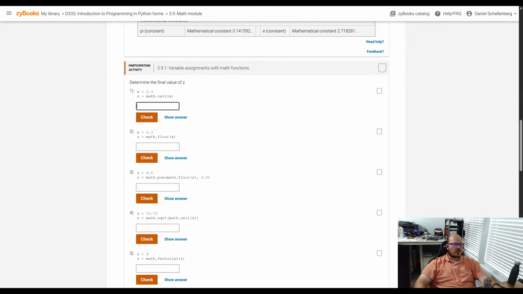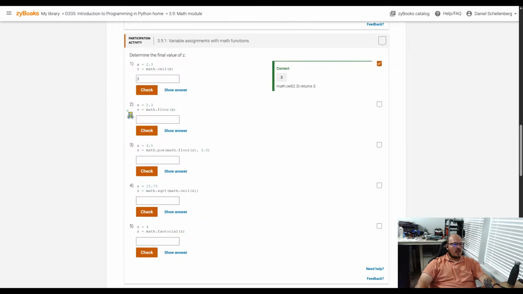So this will be 3. And then x is assigned 2.3. Z is assigned, and it's calling for the math module again using the floor function, which rounds down. So this will be 2.